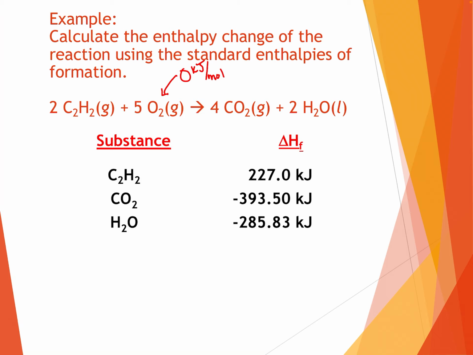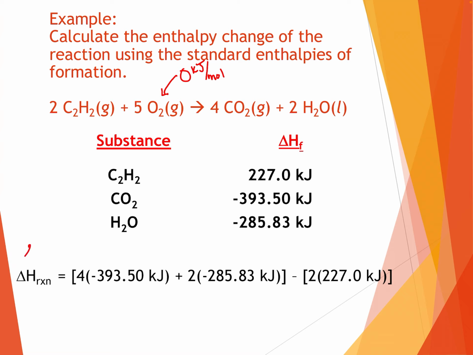So when we do this problem, we're always going to do our products minus reactants. I'll write this again above it: our delta H of our reaction is going to be 4 times our value for carbon dioxide, plus 2 times our value for water, and this is liquid water, and then we're going to subtract our reactants.